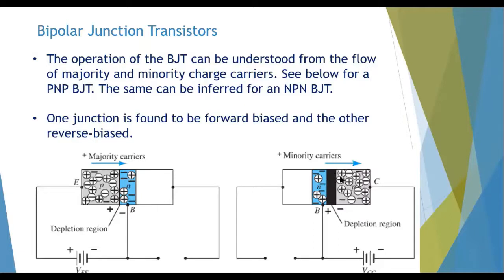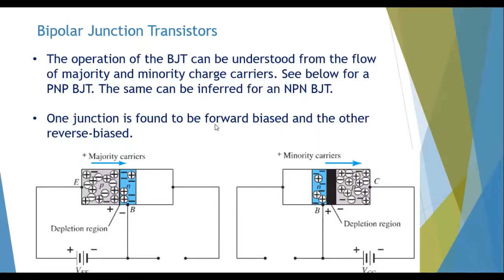So this depletion region, this barrier here, is actually reverse biased. You will always have this for both transistors, be it NPN or PNP. For a properly biased transistor, the emitter-base junction, the first junction, would always be forward biased, and the base-collector depletion region would be reverse biased, as you can see here. So this is common for both transistors.